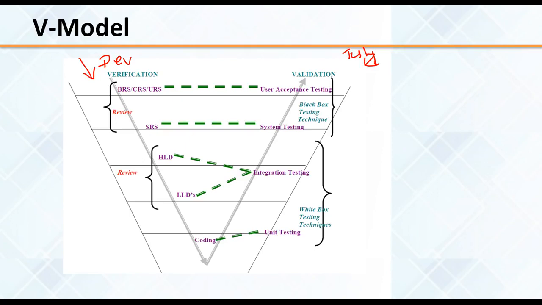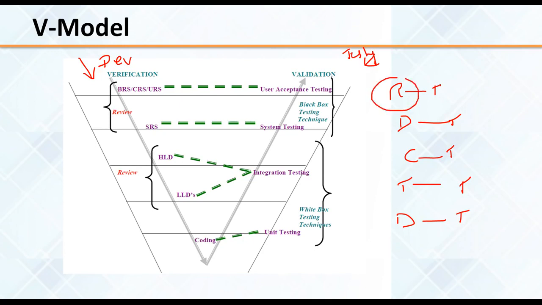So that is the main advantage of the V model. What is the main advantage of that? Suppose in the requirement phase we do the testing, in the design phase we do the testing, in the coding phase again we do the testing, in the testing phase again we do the testing, and in the deployment phase we again have testing. What is the advantage of this? If you already do some testing on the requirement document, there is less chance of getting issues in the design phase, right?